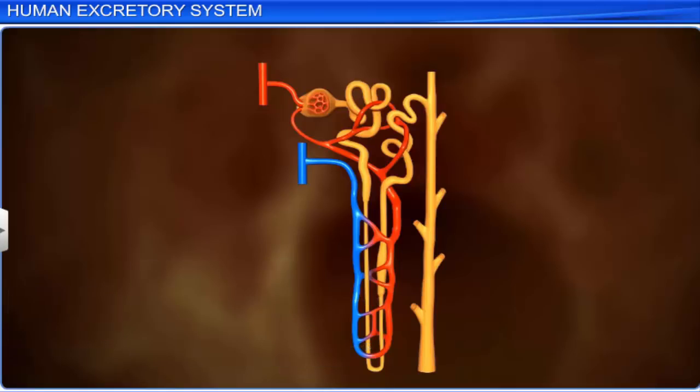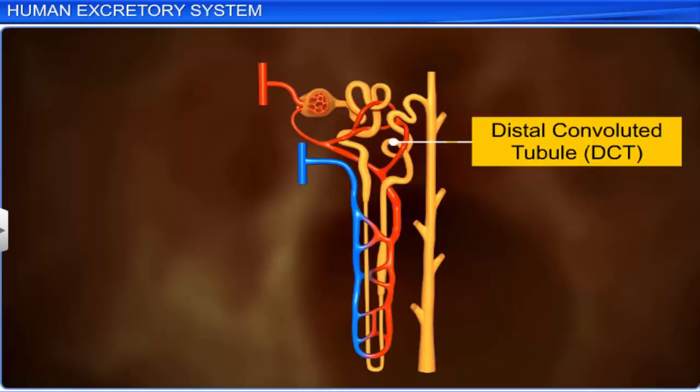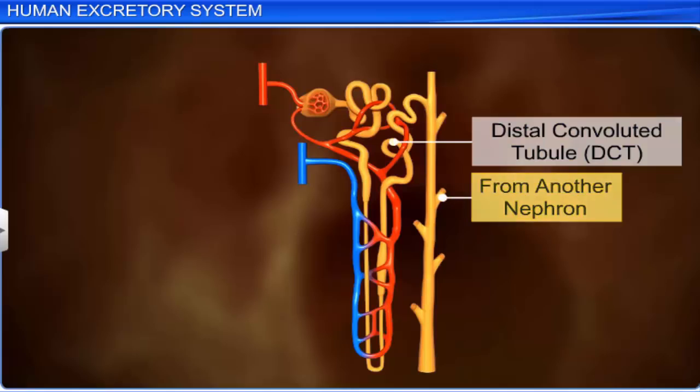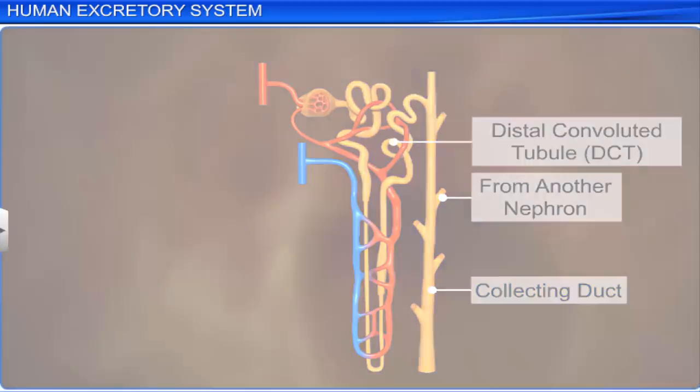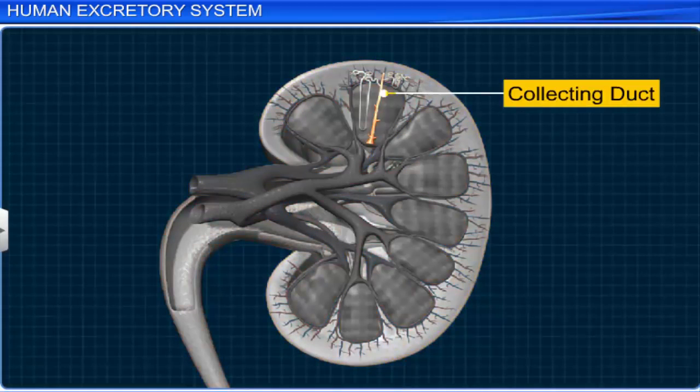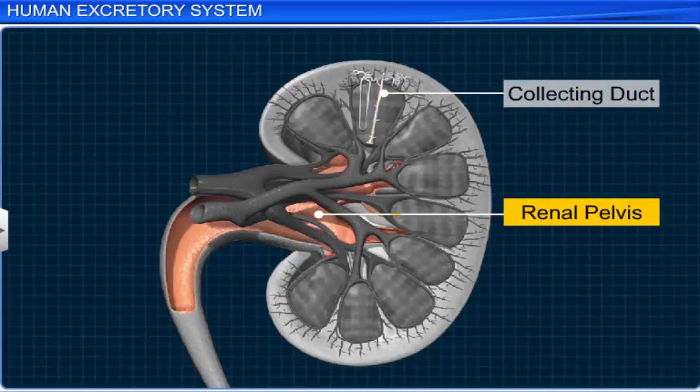The ascending limb opens into the distal convoluted tubule, which is also a highly coiled tubular structure. The distal convoluted tubules of several nephrons open into a collecting duct. Several collecting ducts converge and pass through the medulla into the renal pelvis, which leads to the ureter.